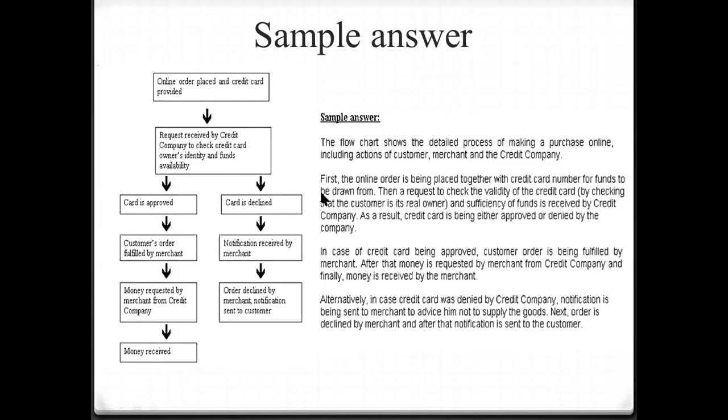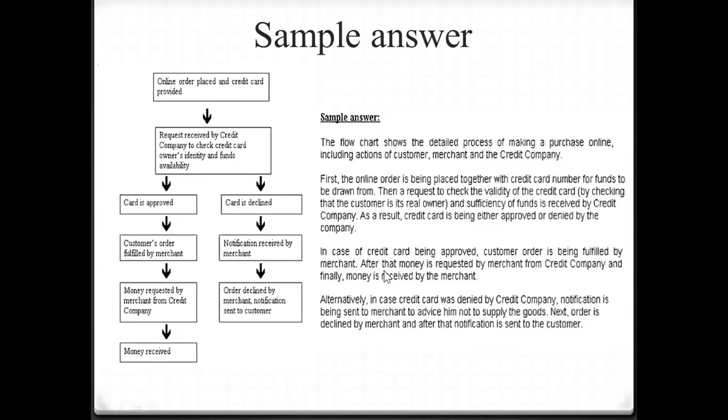Okay? As you can see here, on this second paragraph, or the first paragraph of the body part, the flowchart divides into two: the card is approved or denied. As we proceed with the third paragraph, in case of the credit card being approved, the customer order is being fulfilled by a merchant.